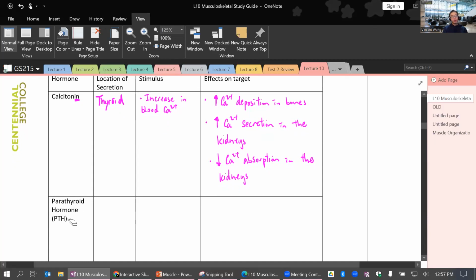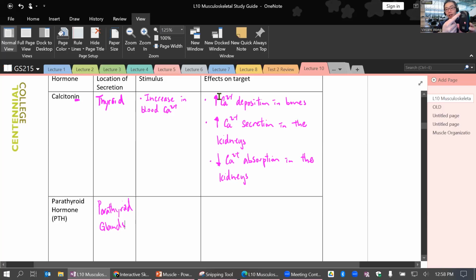The parathyroid hormone, or PTH, is secreted from the parathyroid gland, and you have 4 of them. Pretend the mouse is my thyroid gland. I'm going to take it out like that, and I'll be looking at the back of my thyroid gland.